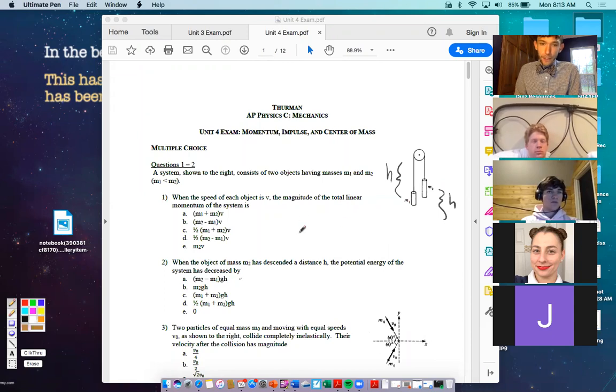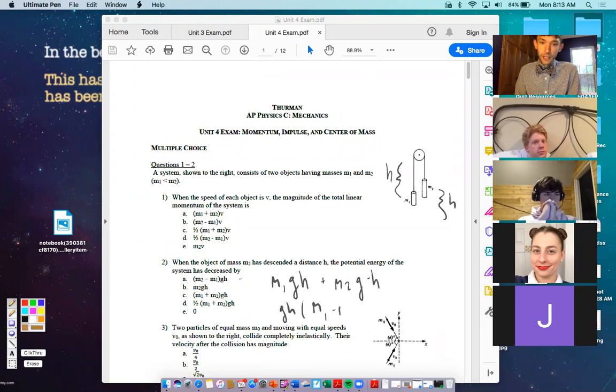So the change in potential energy is mass 1 times g times its increase in elevation, which is h, plus mass 2 times little g times its decrease in elevation, which is negative h. We can factor out a g and an h, and we'll get mass 1 minus mass 2, which is not an answer.